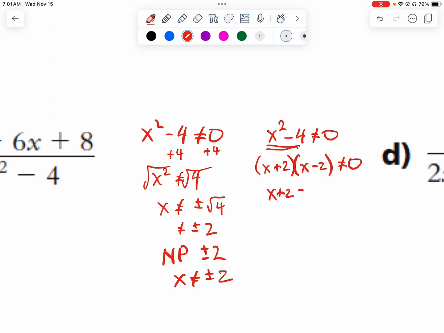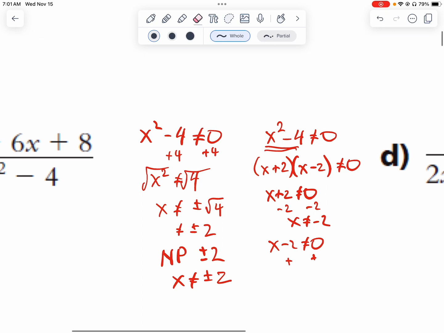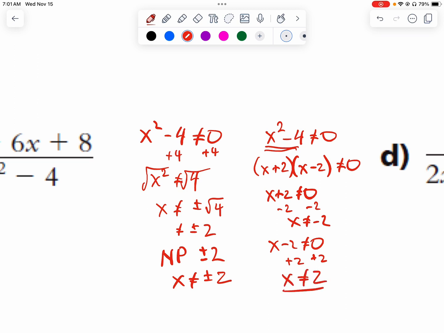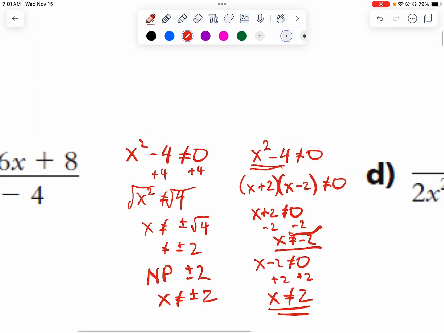x plus 2 cannot equal 0. Minus 2, so x cannot equal negative 2. x minus 2 cannot equal 0. Add 2, not 4. I don't know why I wrote 4. x cannot equal 2. So either way, you get to the same place.